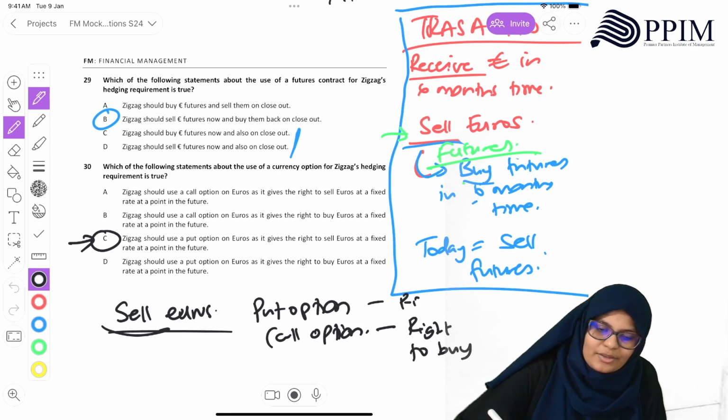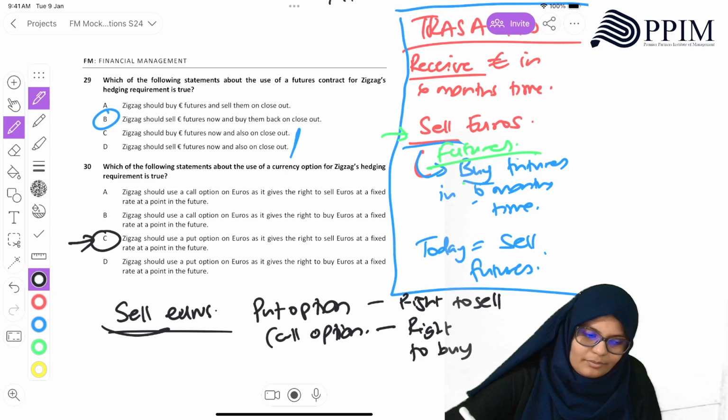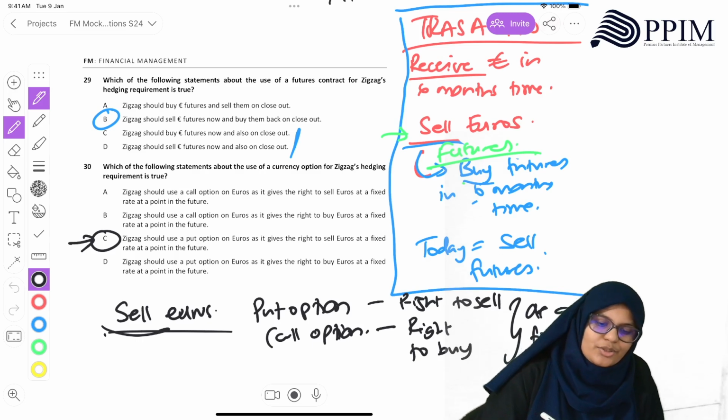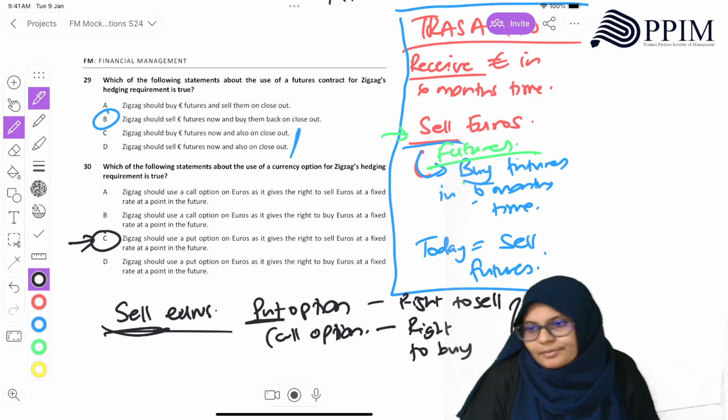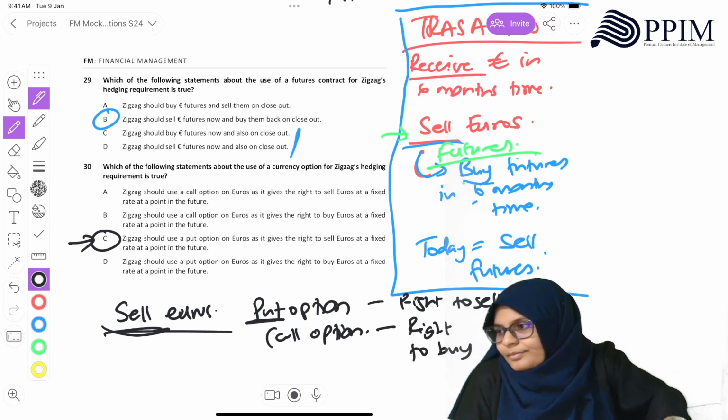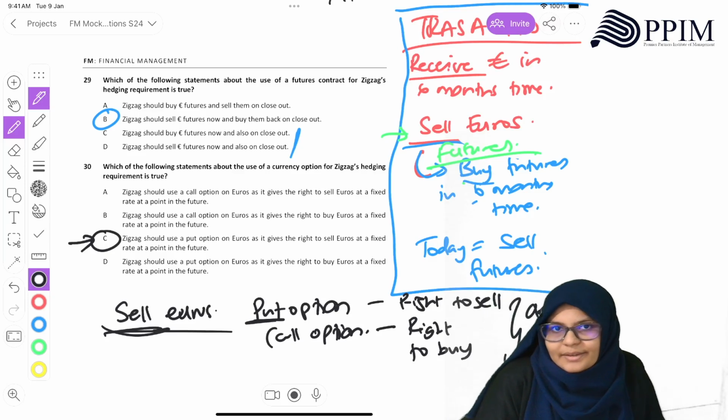Put is the right to sell at a fixed rate. Okay, so sell euros means clearly it has to be a put option. Okay, take it down, the explanation, it will help.